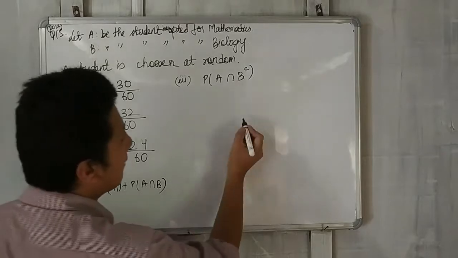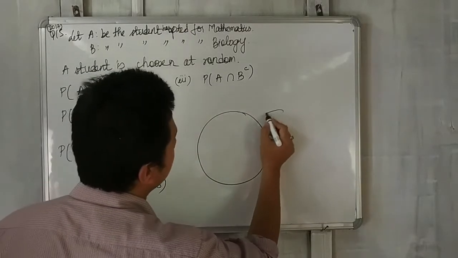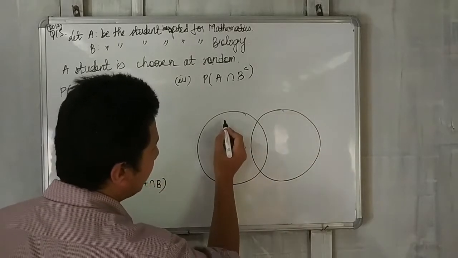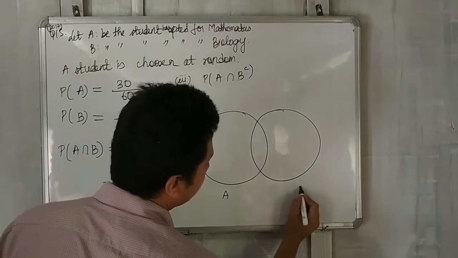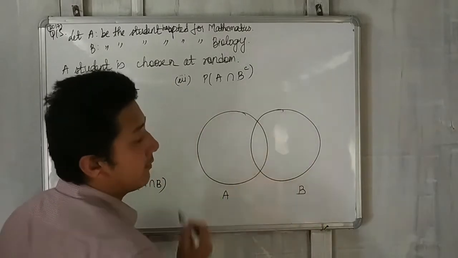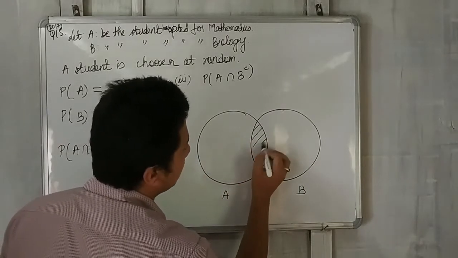There are two subjects, maths and biology. I have kept this as A, and this as B. I have made this kind of figure because there is a common part, an intersection.